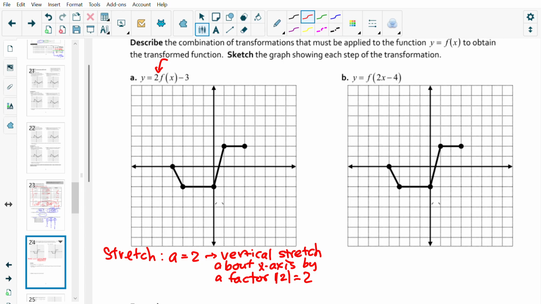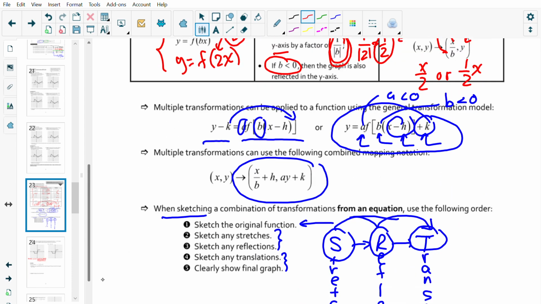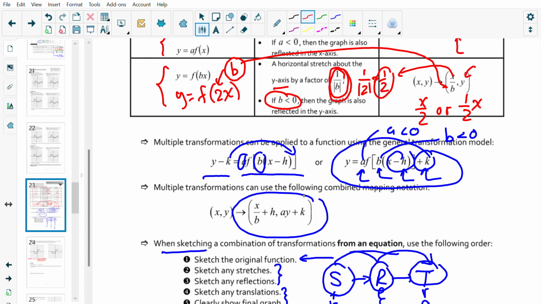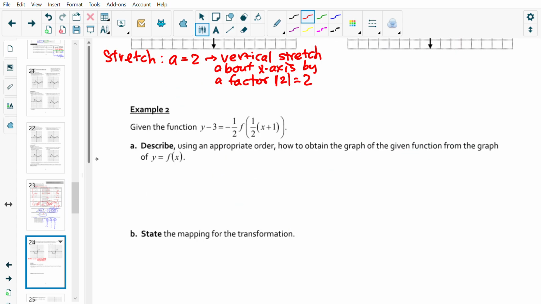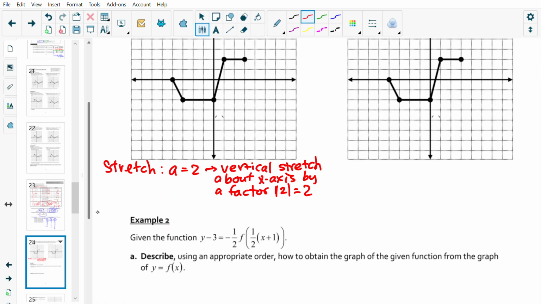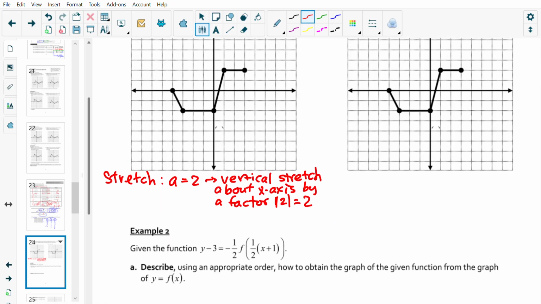So this graph, a vertical stretch by a factor of 2, what does that mean? I'm going to multiply. So if I go back up here, here's my vertical stretch. I'm going to multiply all y values by a. In this case, the factor is 2, so I'm going to double every y value. If I double 0, it's just 0.